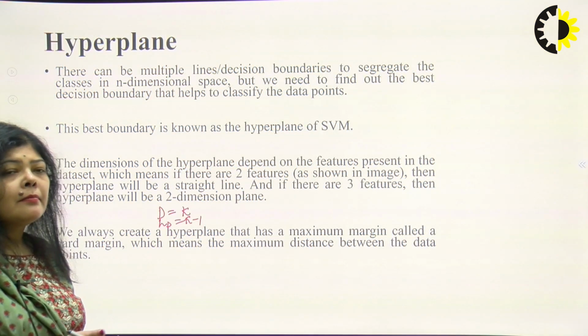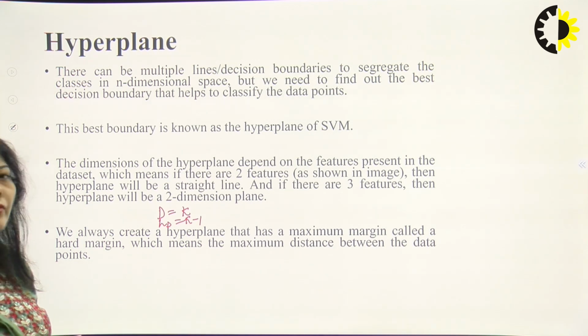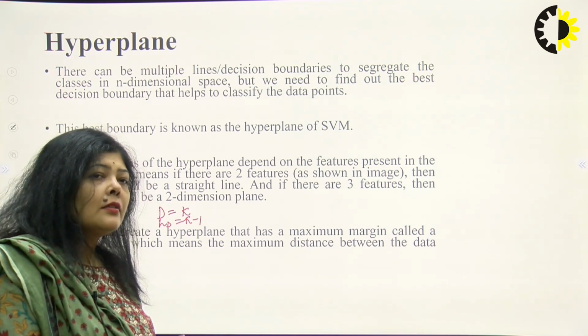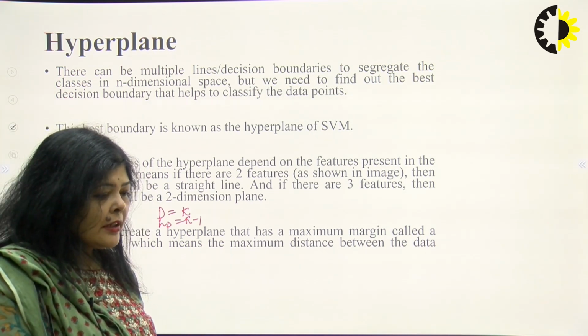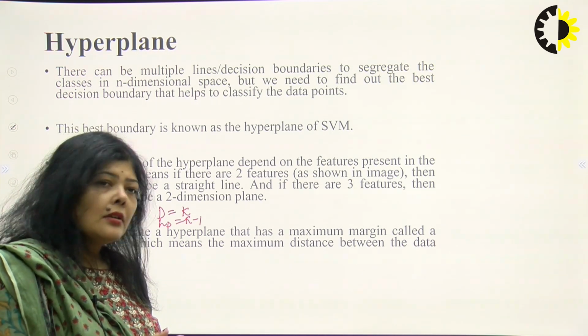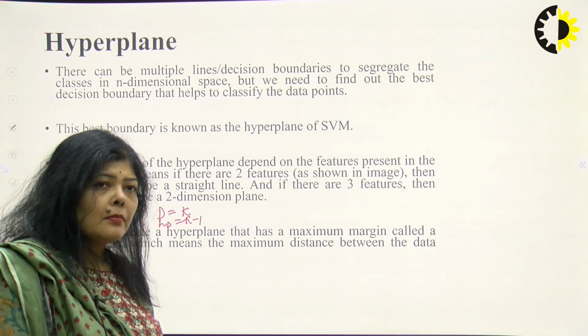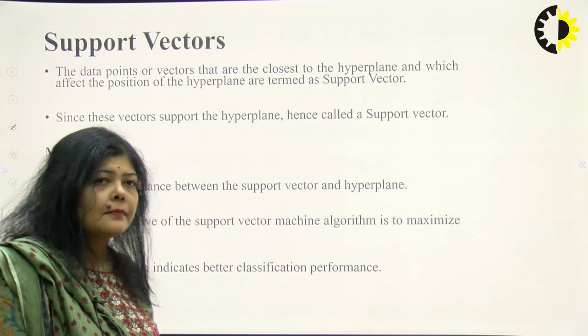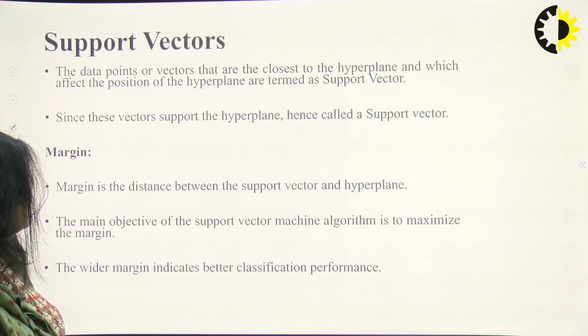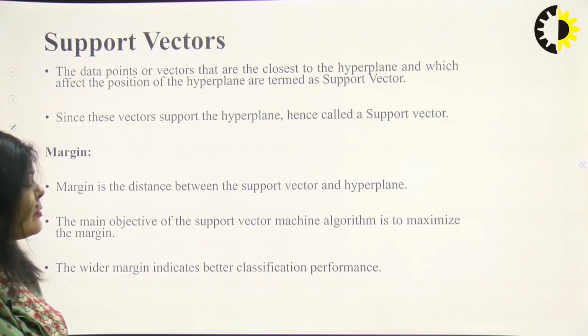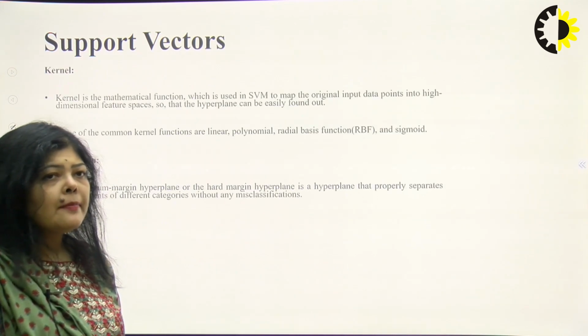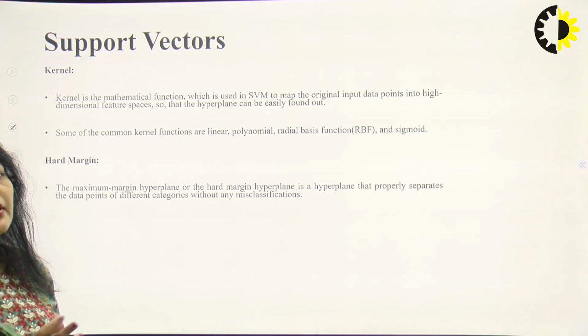And the maximum margin hyperplane, as I have already told you, is the hyperplane that divides the classes with the optimum margin or optimum distance. Now the concept of margin: a margin could be of 2 types, a soft margin or a hard margin.